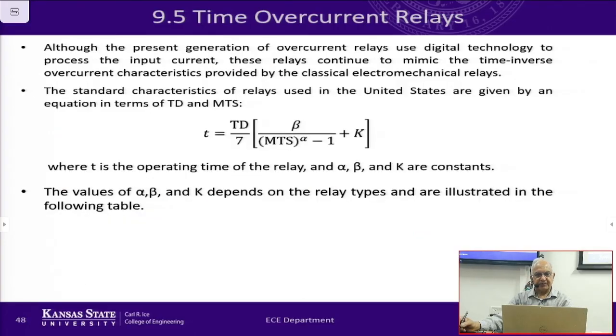And this is an example where, although all the relays have been converted to digital form, we still continue to use the existing characteristics that were available from mechanical relays, because the mindset of the engineers is already based on historical things. Since they work, why change when they work? We want to continue to keep whatever is working. We don't want to change that. The only thing is we change from mechanical to a digital form, but we still keep the same characteristics.